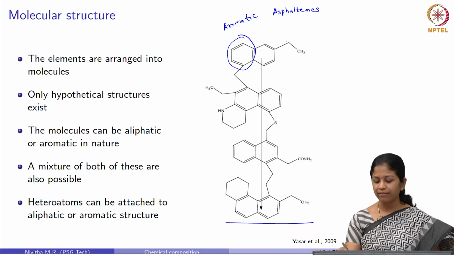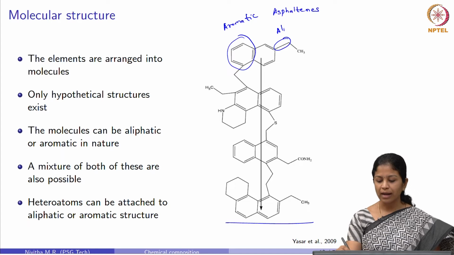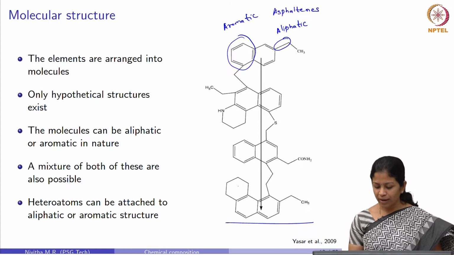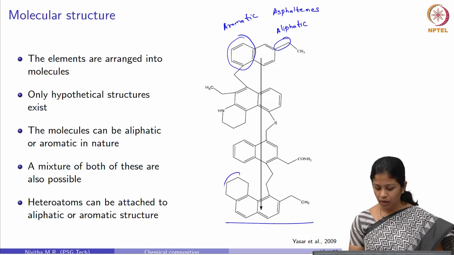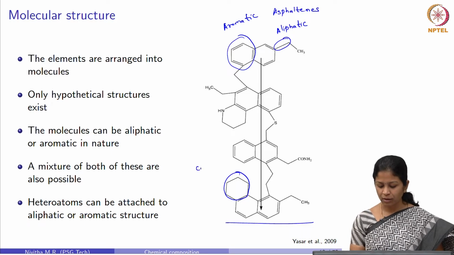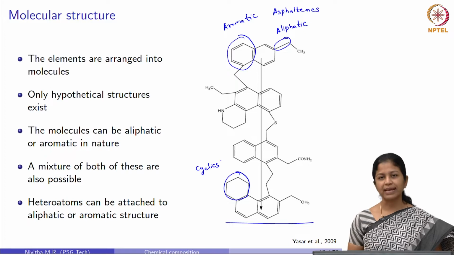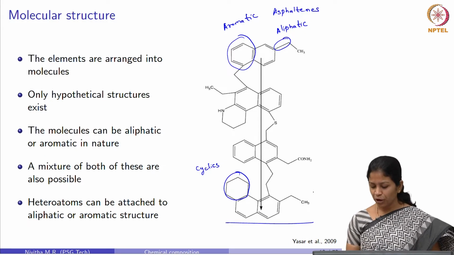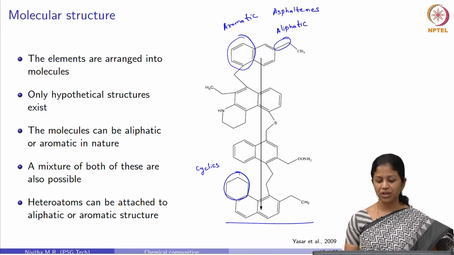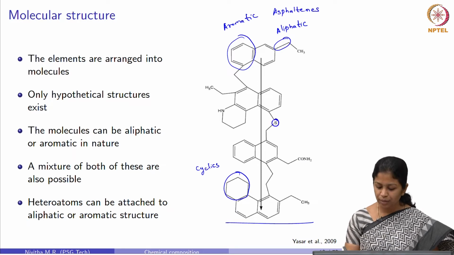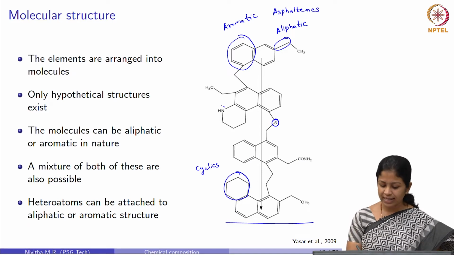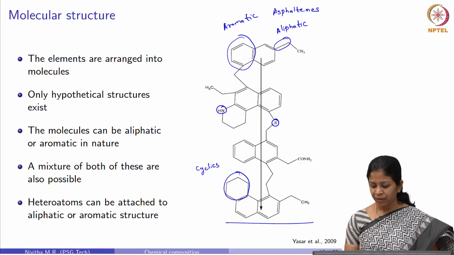And we also have some chains like this which are aliphatic structures, right. We also have something like this without a ring here, these are called cyclics, right. And then we also have some heteroatoms which are attached. We can see a sulfur atom present here, an NH present here, and we can also see a CONH2 present here.